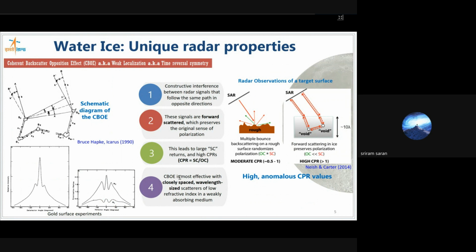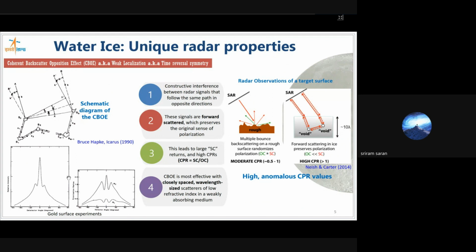So the theoretical prediction says that this phenomenon is most effective with closely spaced wavelength size scatterers of low refractive index. Typically, this happens when you have a few wavelengths sheet of ice with voids present in between the ice. So that acts as a perfect surface for this CBOE to happen.